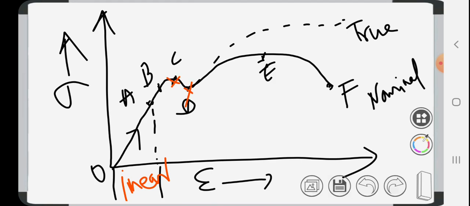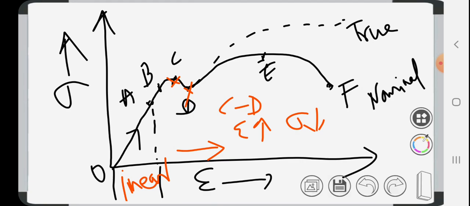Here, even if the strain is increasing after the upper yield point, the stress starts to decrease from C to D. Epsilon increases but sigma decreases for a short range, C to D, up to the lower yield point.